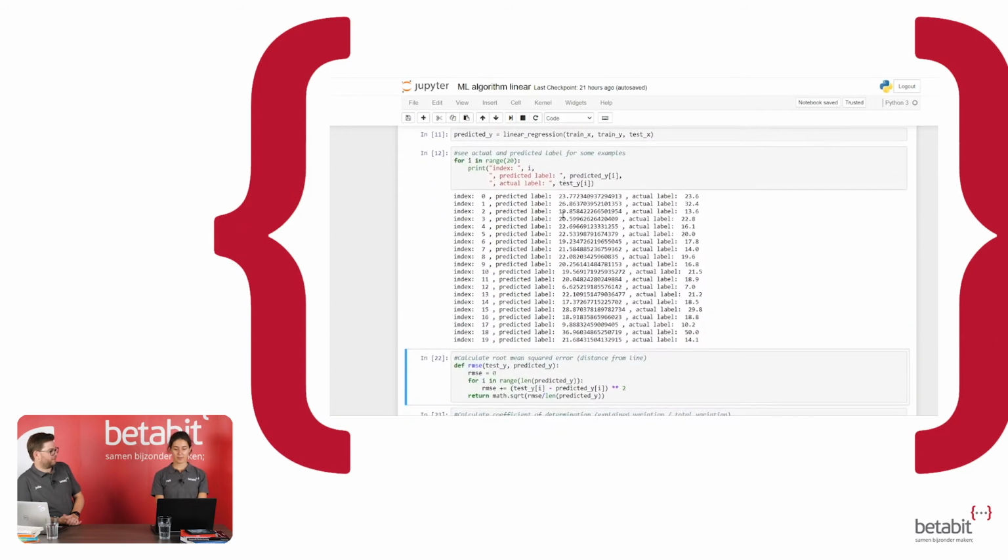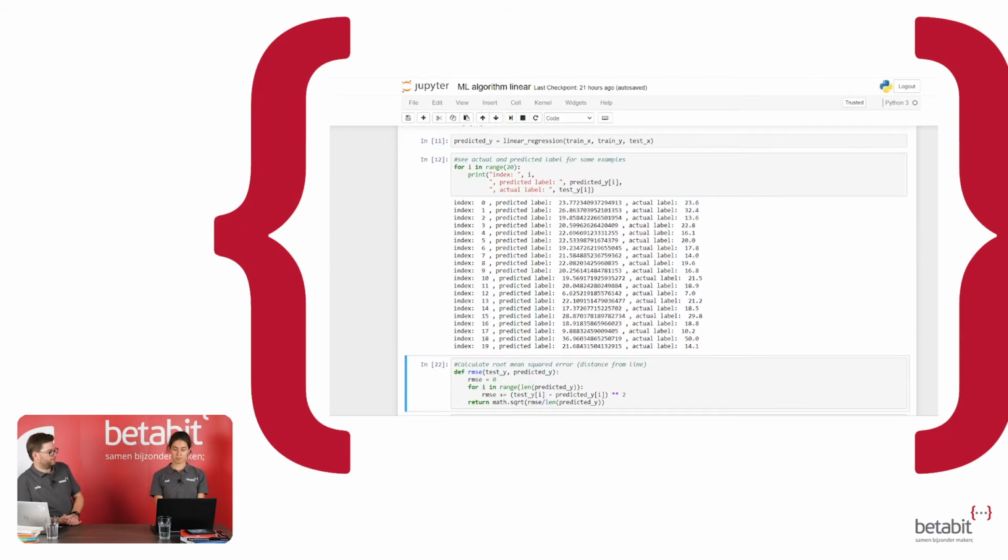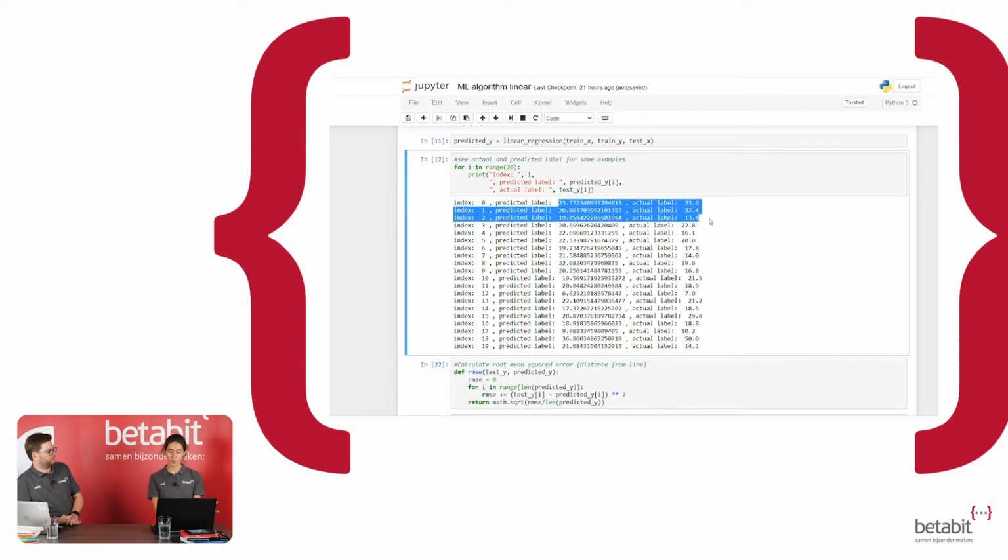Yeah, so after that, we can just see the actual value and the predicted value for a couple of examples. And you can see in our first example the actual label and the predicted label are pretty close, but for some others we're less close. The predicted label isn't always the same as the actual label.